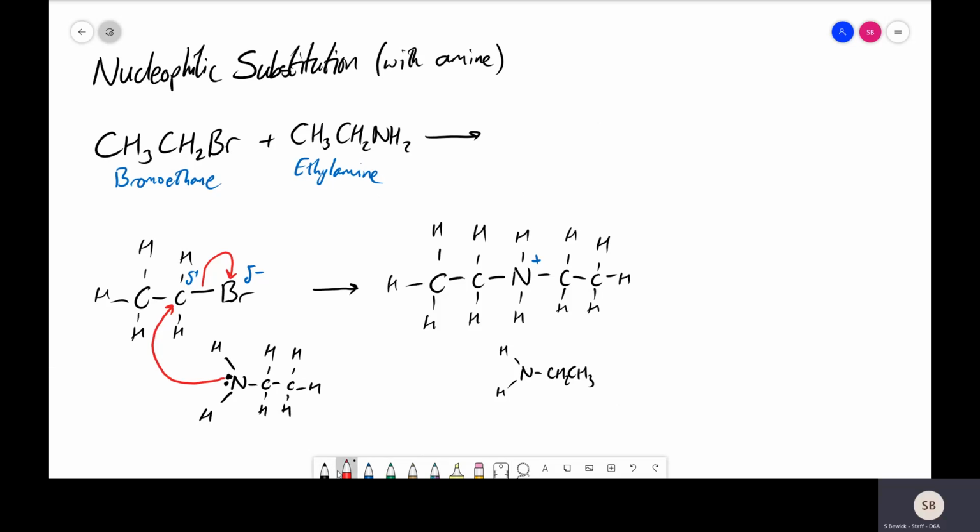And when it acts like a base, the lone pair on the nitrogen, so I've not really put in the most useful position there, but hey ho, that's going to deprotonate the nitrogen, so it's going to take away the hydrogen, and then the nitrogen-hydrogen bond, the electrons from that are going to move to the nitrogen.